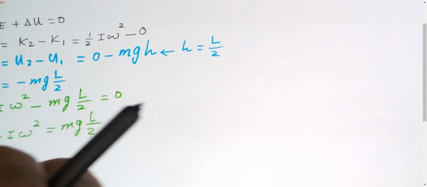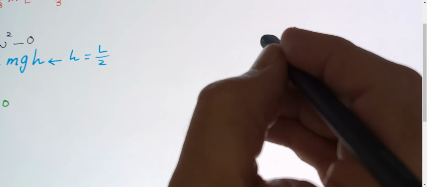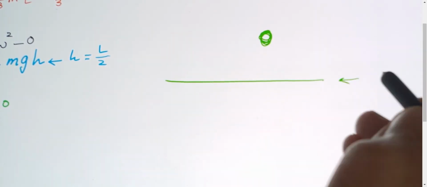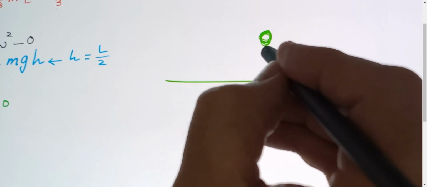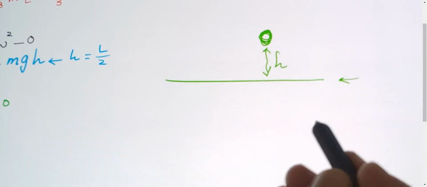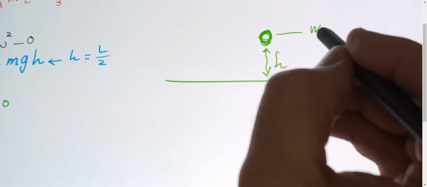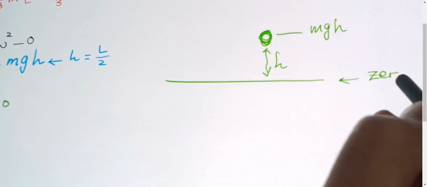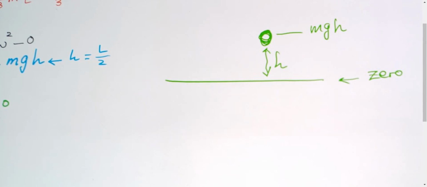For a ball here, this is my final potential and this is H. Here the potential is mgh, here the potential is 0. It's relative. The potential energy is always relative.